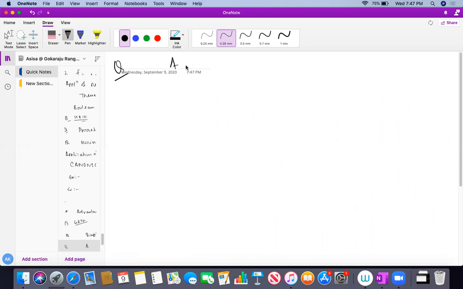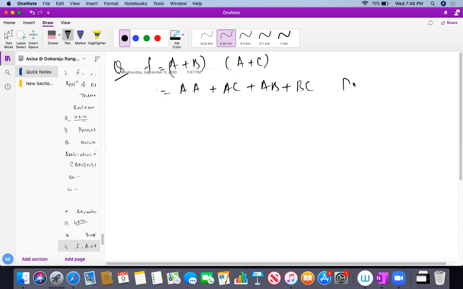A or B, A or C: simplify this logic equation. What you have to do? The question is to simplify this function. You can apply the distributive law over here: A, AC, AB and BC. I have just used the distributive law, nothing else.